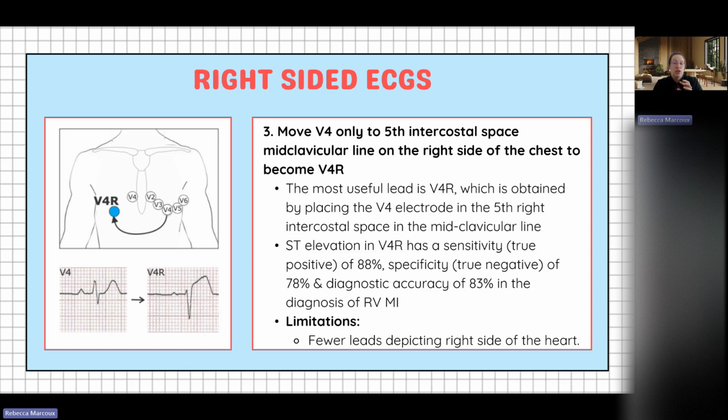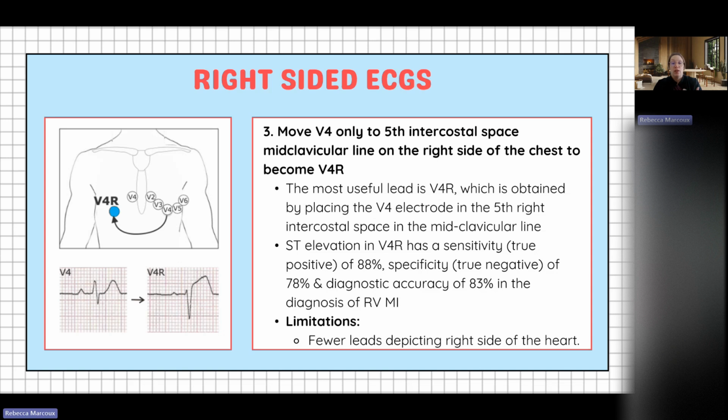ST elevation in V4R has a sensitivity, or a true positive rate, of 88%. So it'll detect right-sided ST elevation correctly 88% of the time. And it has a specificity of 78%. So if it's not showing ST elevation, it'll be correct 78% of the time.